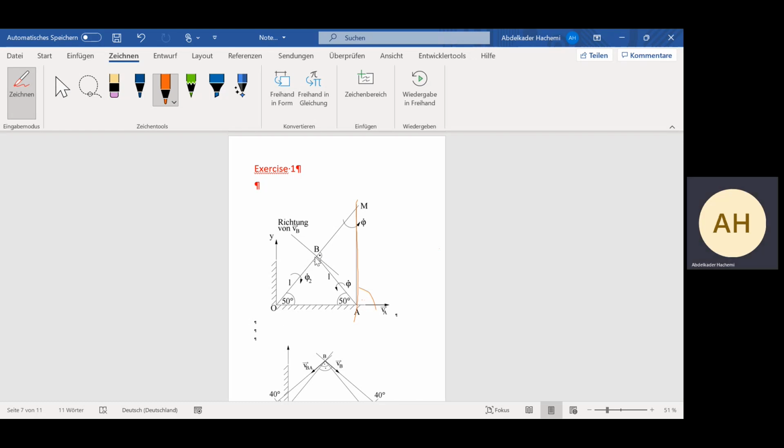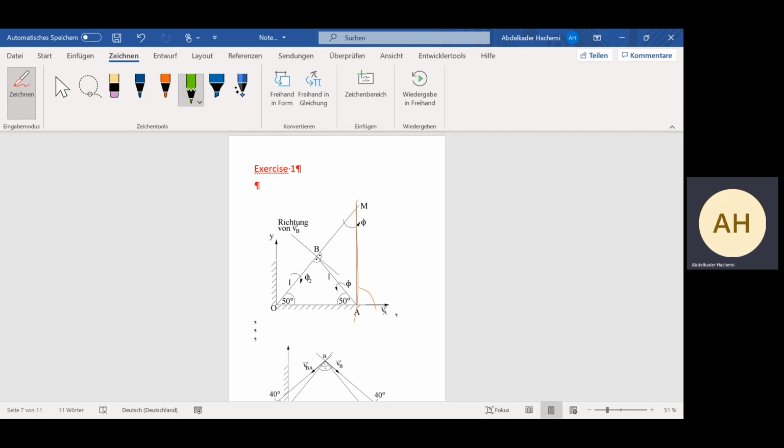We can say VB is only VO, which is fixed here, it's 0, plus omega cross the distance here. That means that omega is along z direction, it's given here, phi dot 2, along that direction. That means VB is perpendicular to the distance here OB.